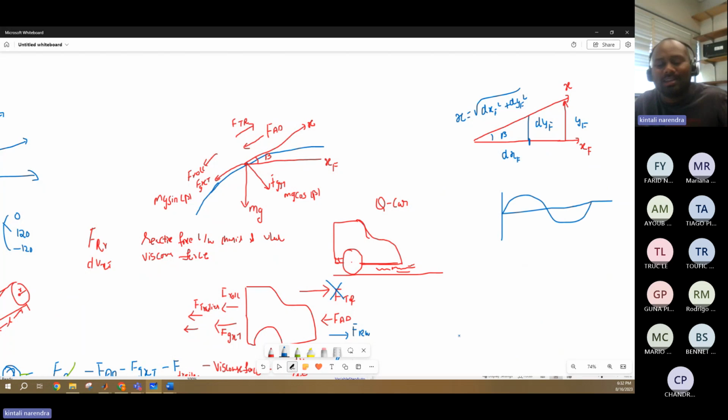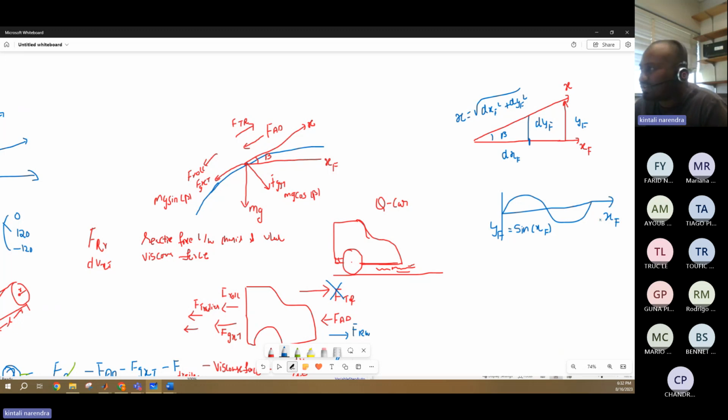If this is xf, then what is the road profile? Sine of x of f is equal to y of f. Y of f is equal to sine of x of f.